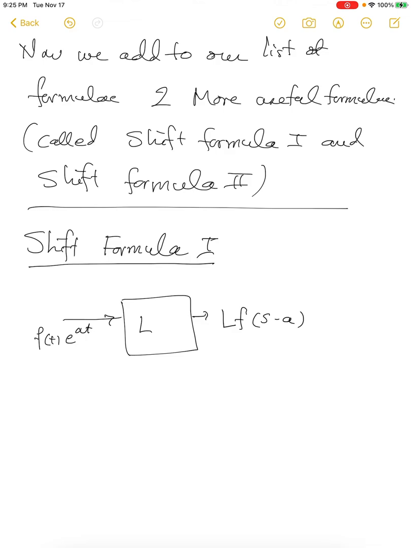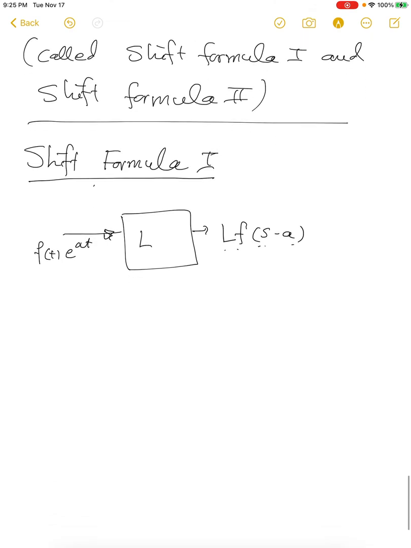So multiplying the input function by an exponential, the box converts it into L(f) at a translation of s by a. That's why it is called the shift formula. It is not s but s shifted by a.